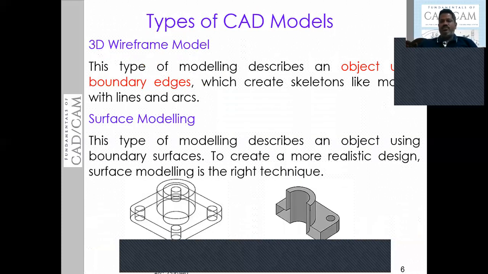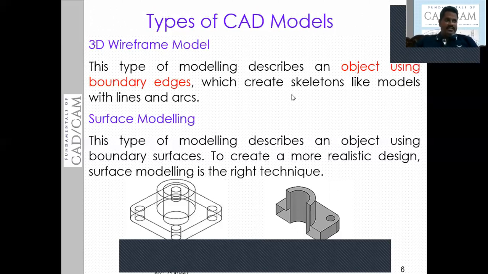The 3D wireframe model. This type of model describes an object using the boundary edges. The edges may be lines or arcs. When you create a wireframe model, that wireframe model consists only of the edges.